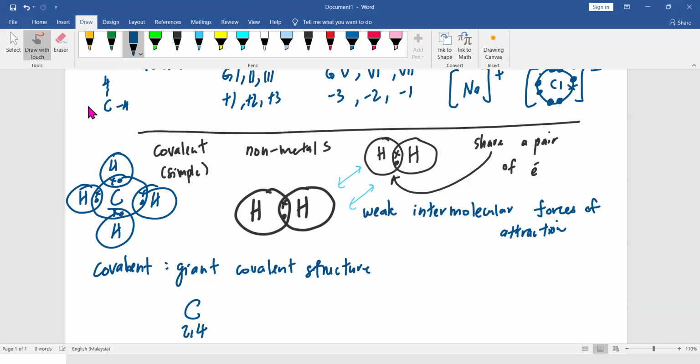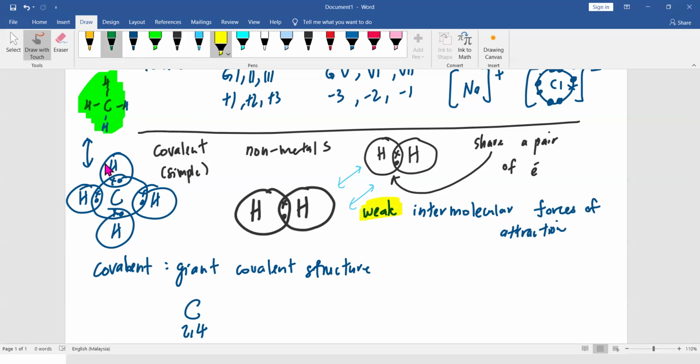This is called a displayed formula. This is called a dot and cross. If this is a methane molecule, between this methane molecule and another methane molecule, is it strong or weak intermolecular? Weak. It is also weak intermolecular.